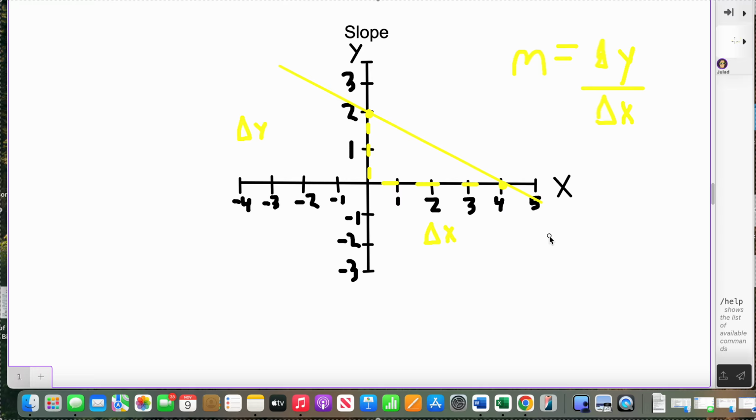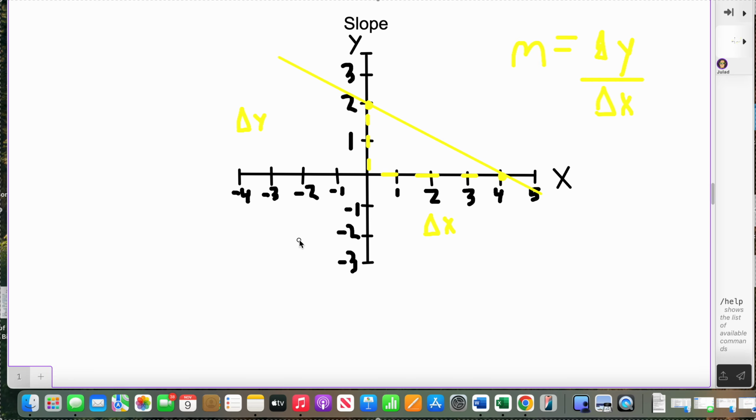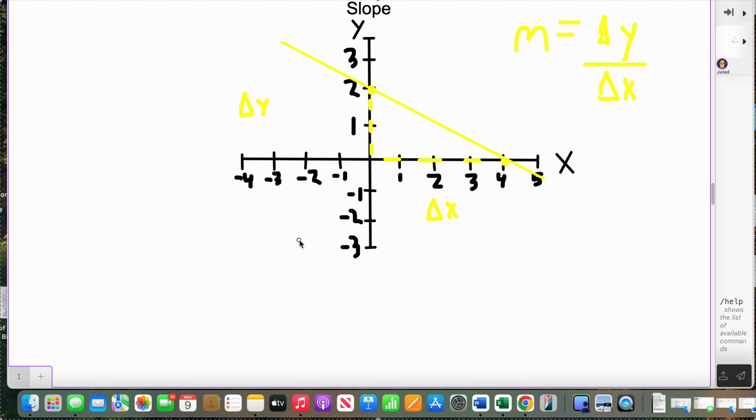So, we recognize that the initial or the final y value, depending on how you look at it, we have the y values of 0 and 2, which are correlated with the x values of 4 and 0.